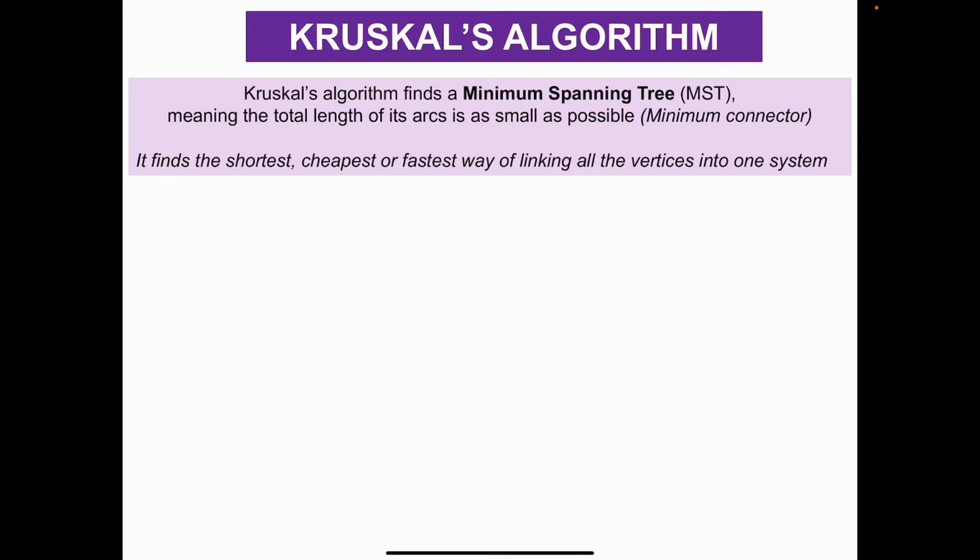That means it connects all the vertices with the shortest possible sum of the distances between them. In real problems, it often finds the shortest, cheapest or fastest way to link either some cities or some points of interest into one system.